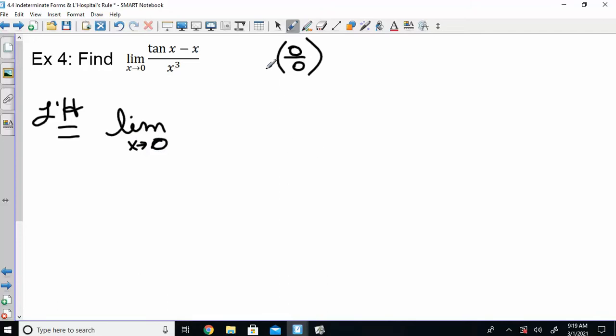Alright, what is the derivative of tangent? Secant squared x. Minus, what is the derivative of 1? Or of x, excuse me. 1. What a surprise. Over derivative of x cubed is 3x squared.